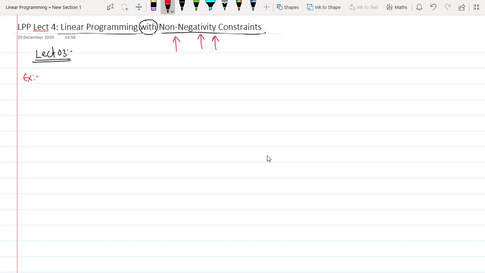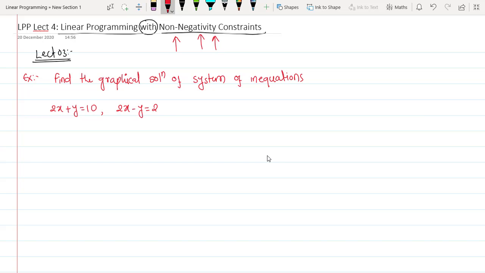Find the graphical solution of the system of inequations, where they have given 2x plus y equals to 10, 2x minus y equals to 2, x is greater than or equals to 0 and y is greater than or equals to 0.